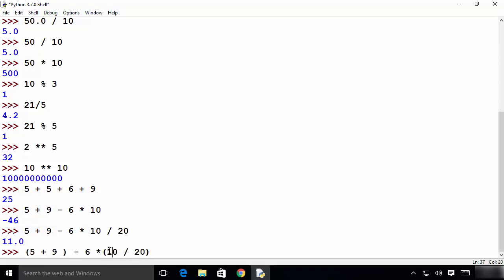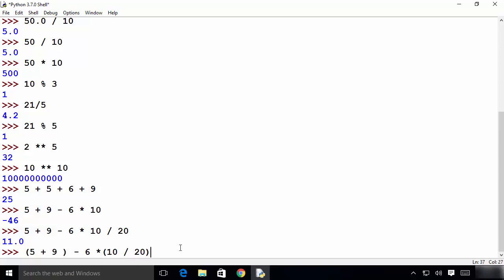And then the result of these two numbers will be multiplied by 6 because multiplication has the higher priority out of these two operators, which are minus and multiply. So the multiplication operator has the higher priority, and at the end the subtraction of the result will take place.